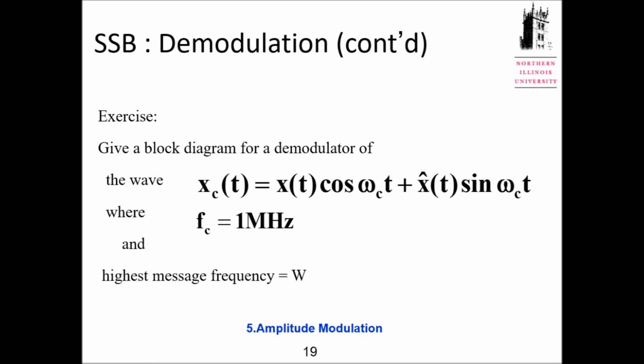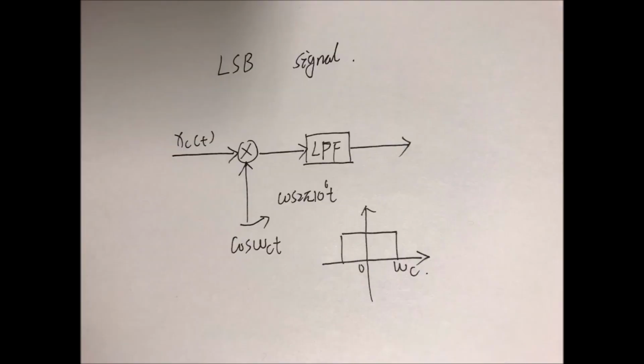Based on the equation in 360, if you find this hat, you remember Hilbert, and this is for single sideband. So we have a lower sideband signal.